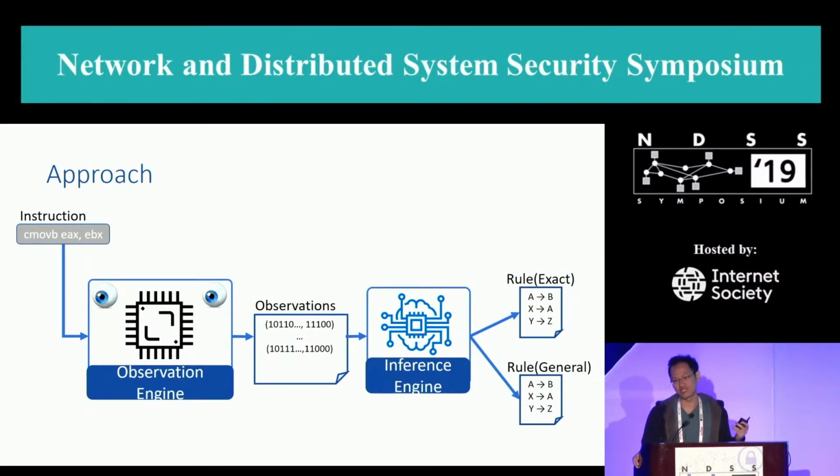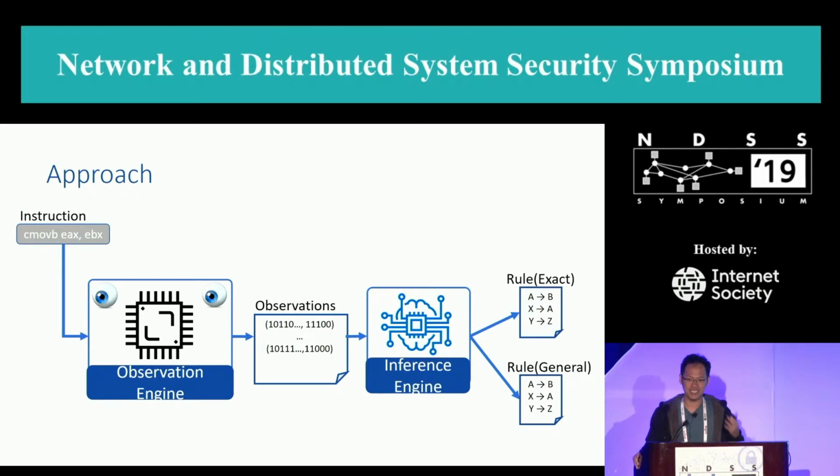The approach is rather straightforward under these new problem settings. There's a bunch of instructions which we are interested in. We take an instruction and generate observations for it. What is an observation, you might ask?